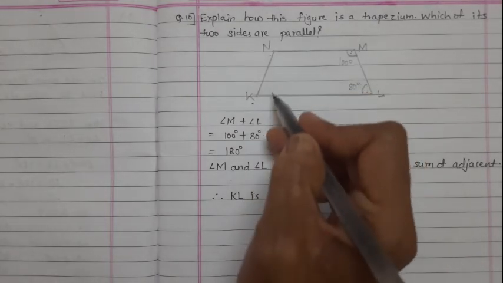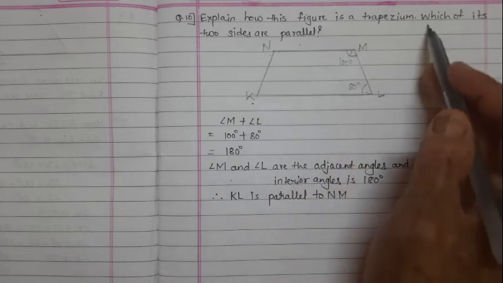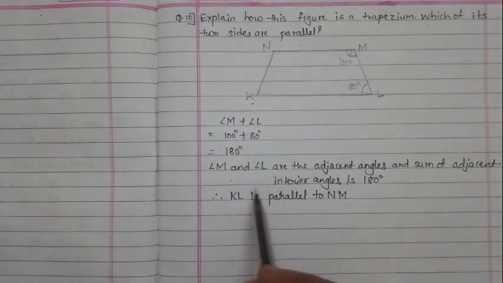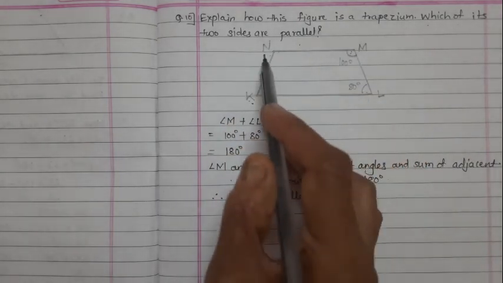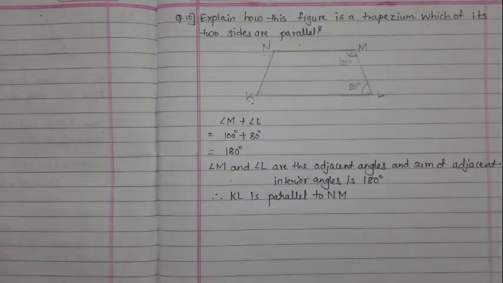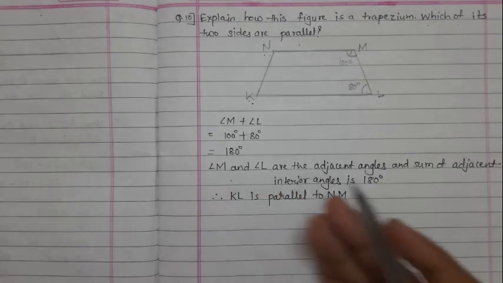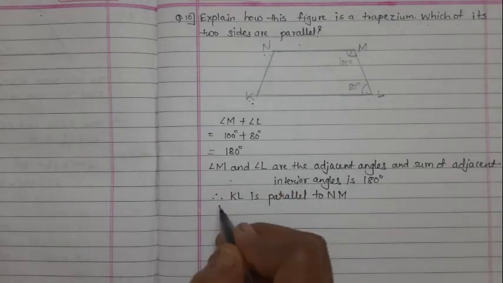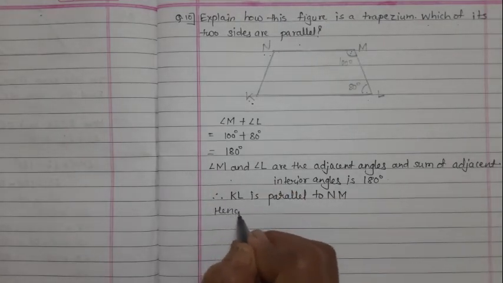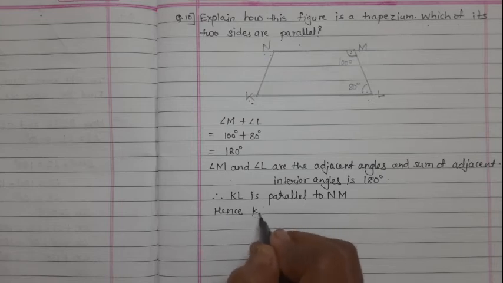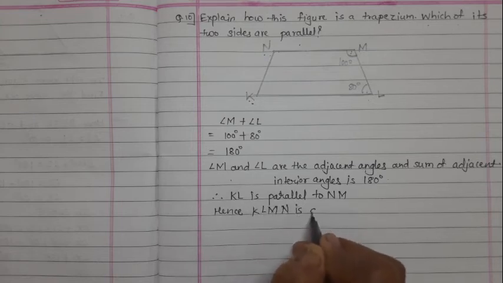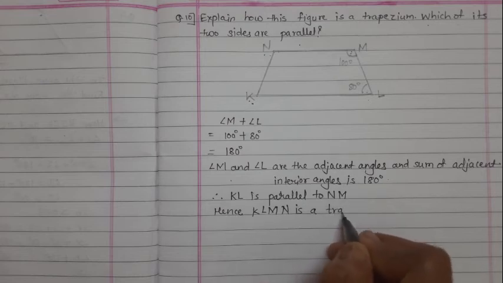What is asked, which of its two sides are parallel? KL and NM are parallel sides. Now these two sides are parallel, so it is a trapezium. Hence KLMN is a trapezium.